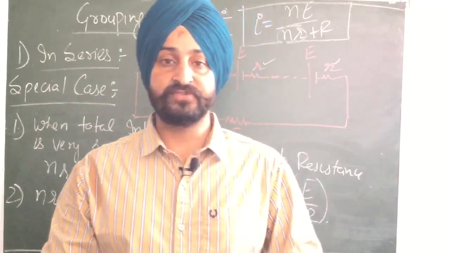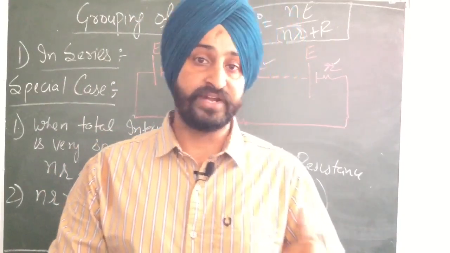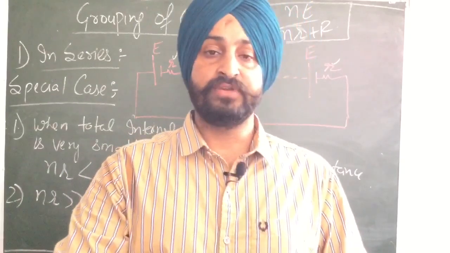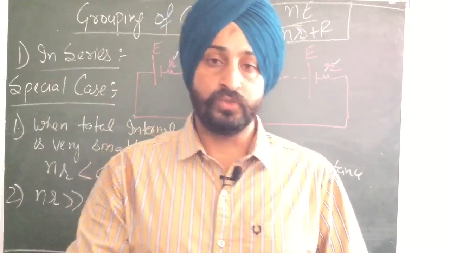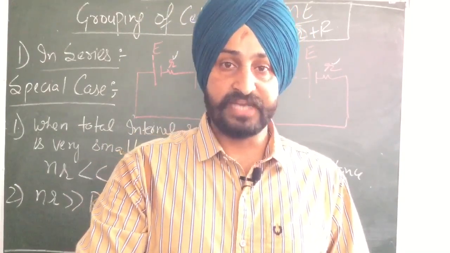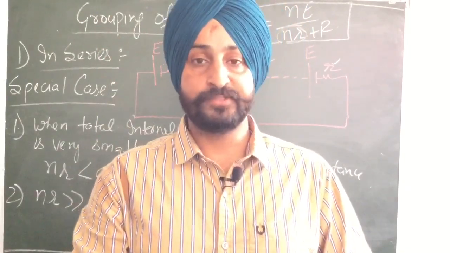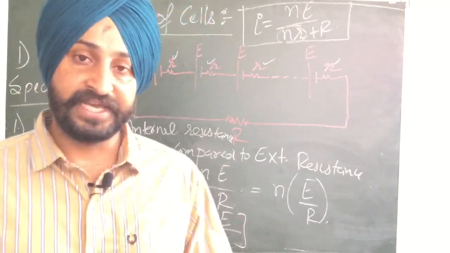But if external resistance is smaller and internal resistance is very large, then the current will decrease, and that current will be simply equal to the current produced by a single cell. Fine. So the current will decrease if the internal resistance of each cell is large, and the current will increase if the internal resistance of cells is smaller.